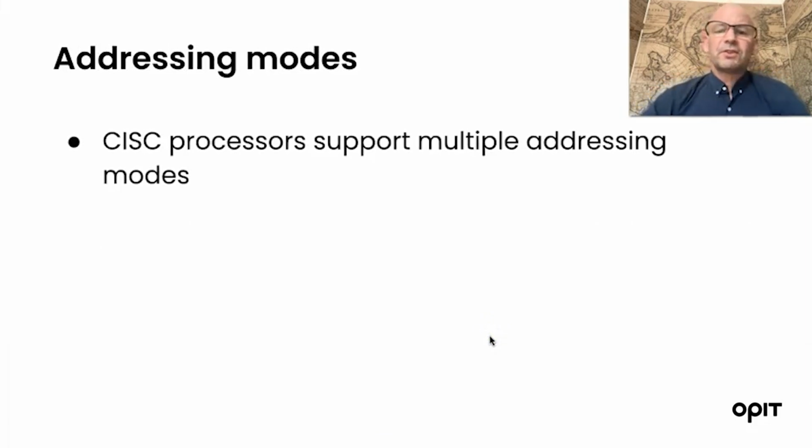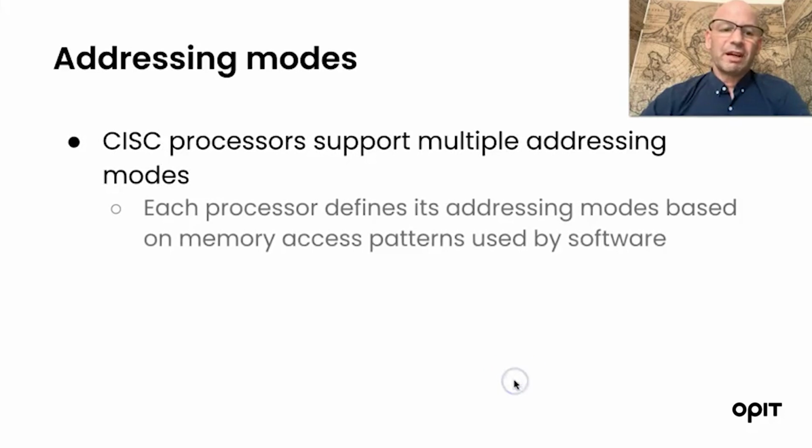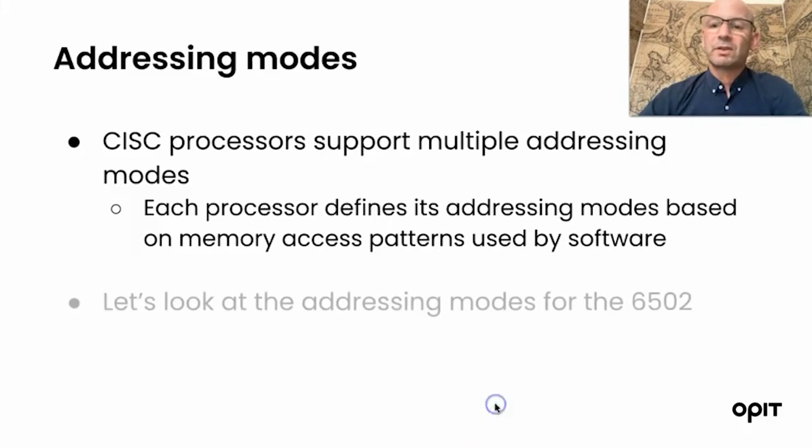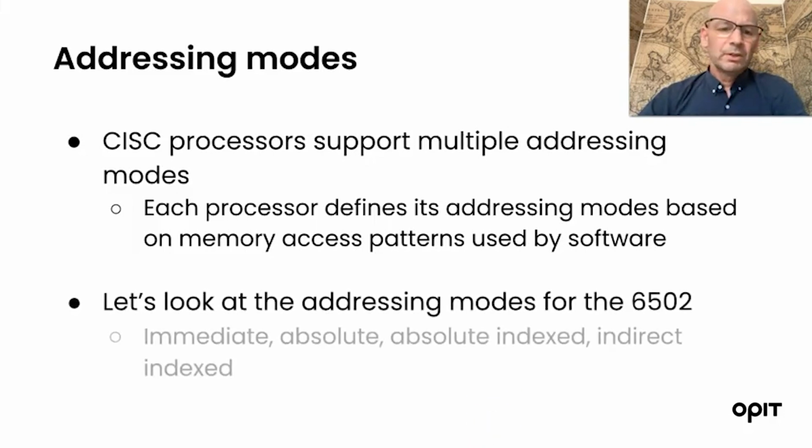Each processor defines its addressing modes based on memory access patterns used by the software available at a higher level on that particular architecture. The ones available for the 6502 include immediate addressing, absolute, absolute indexed, and indirect indexed.